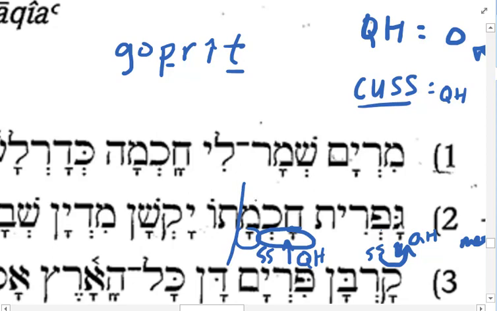So if I were dividing, I'd divide here, and I've got an open syllable, right? Ma is open. That's not a cuss syllable. So if it's not in a cuss syllable, it's always a kametz, unless it's in a cuss syllable, okay?